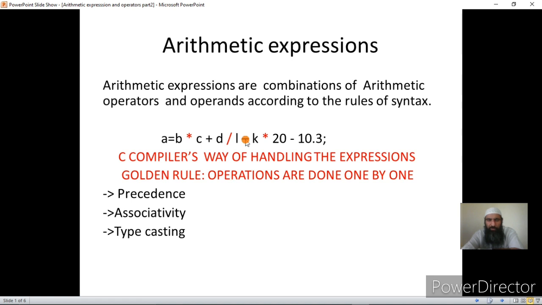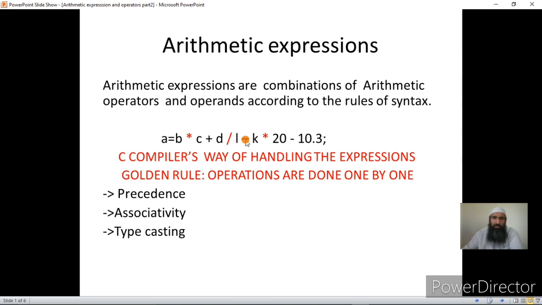That is, the operator with the highest precedence will be used first. Now if more than one operator has the same precedence, then we have a rule called associativity for predicting the order in which their operations will be performed.